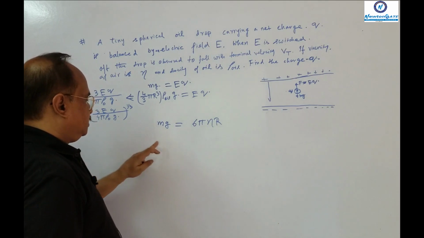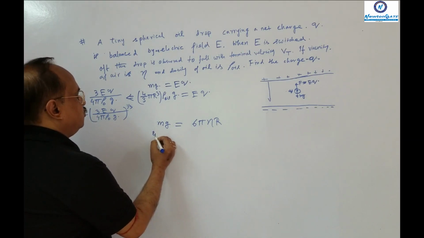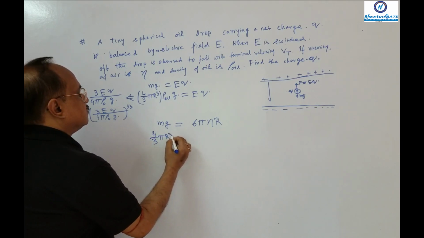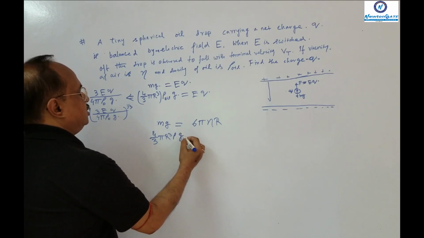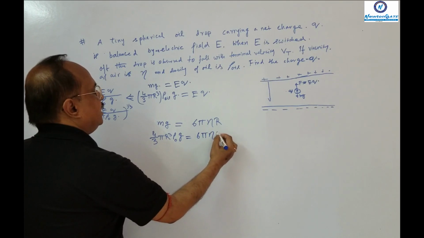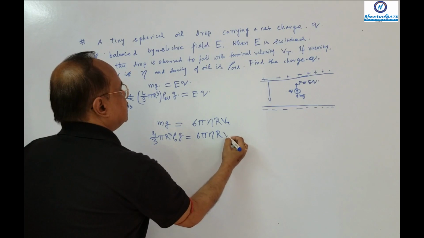Let us put the weight m, which you know is equal to 4/3 pi r cube into the density of the oil into g, equal to 6 pi eta r, and the velocity, that is the last part I haven't written.